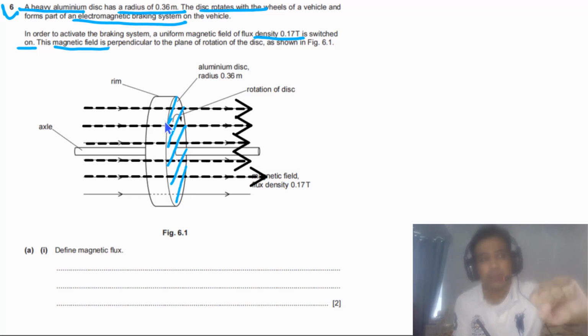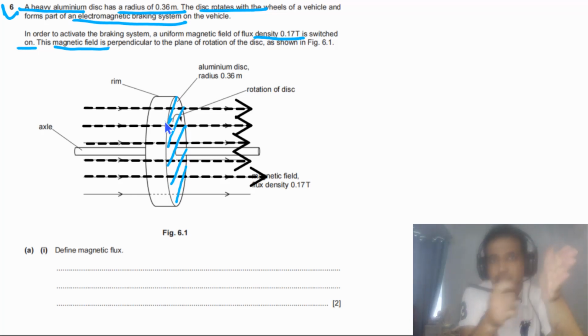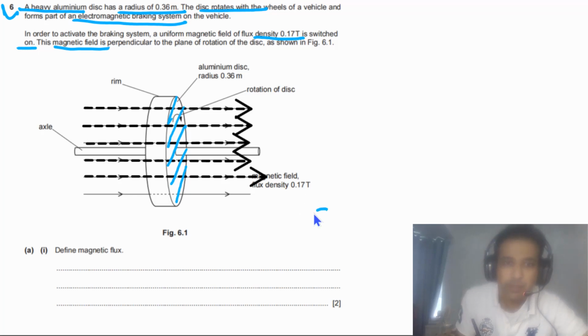You can also understand it like this. Imagine this is my hand, this is the disc, and the magnetic field is passing through this area. We have to consider this area because it is perpendicular to the magnetic field lines. So for this question we can write down magnetic flux.